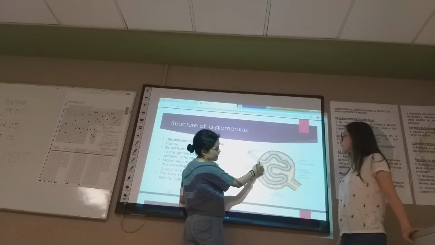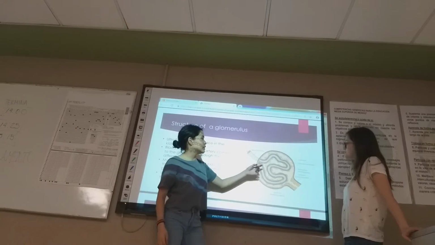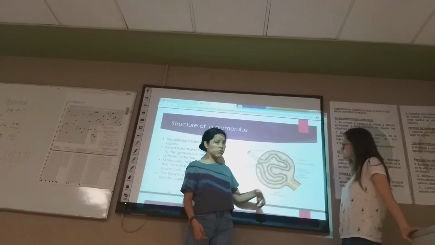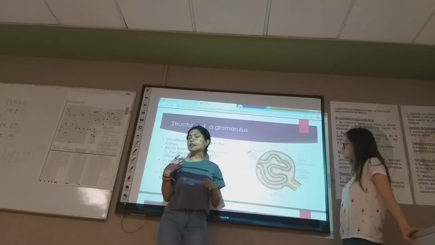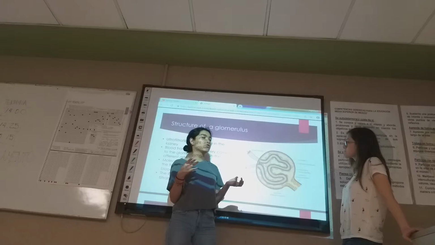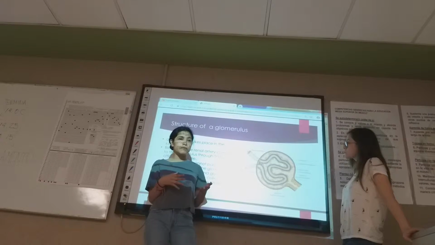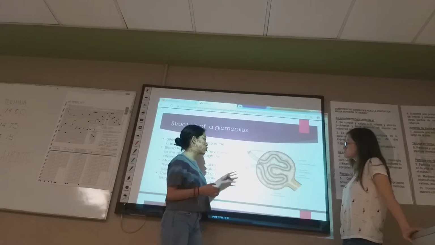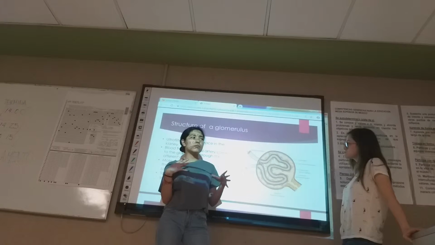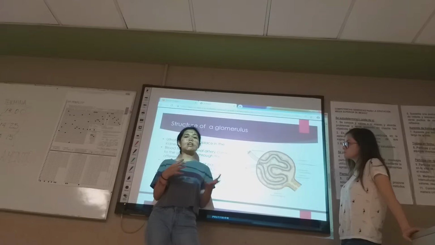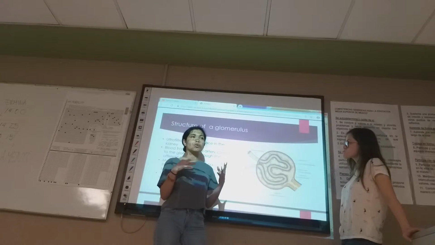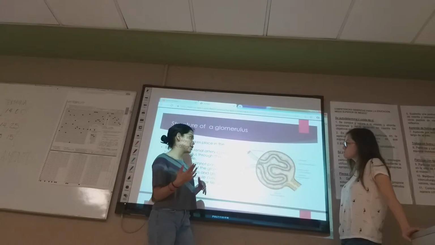As you can see, this is kind of a labyrinth, and in the labyrinth we also have a lot of mitochondria. The mitochondria are there to supply ATP, which is energy, in order to reabsorb a lot of the components that will make up the glomerular filtrate.